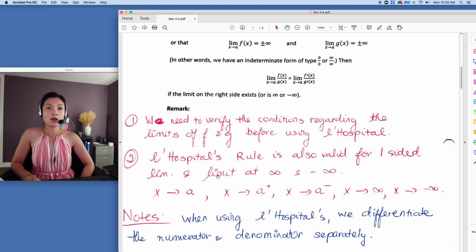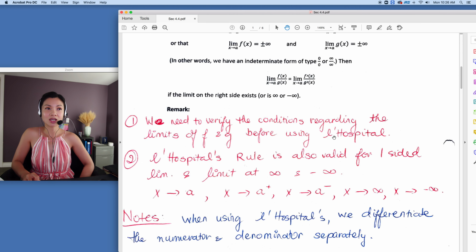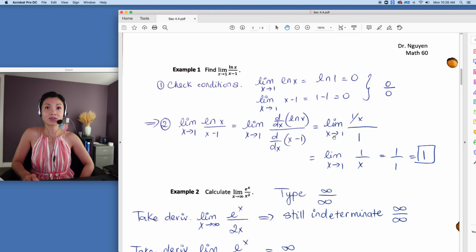This is very important because I saw it so many times: when you use L'Hopital's rule, you differentiate the numerator and the denominator separately. So you do not use the quotient rule. Hopefully you are aware of that.